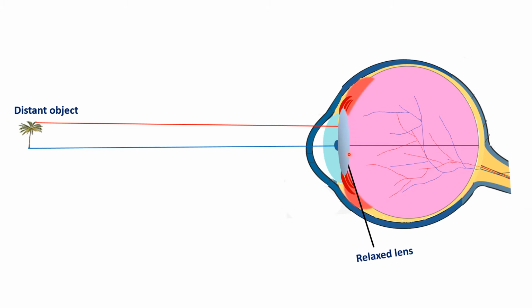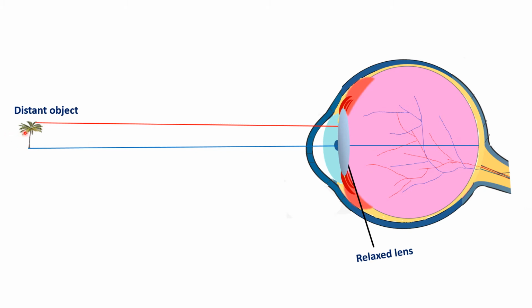Isn't it? So here the size of the eye lens is maximum. I told you, in viewing the distant object, the ciliary muscles will become relaxed, hence the size of the eye lens will become more. So at that time it has the maximum focal length of 2.5 centimeters. It means that this eye lens should have its focal point here. However, when rays are coming parallel to the principal axis, then after refraction these parallel rays will meet at the focal point only.